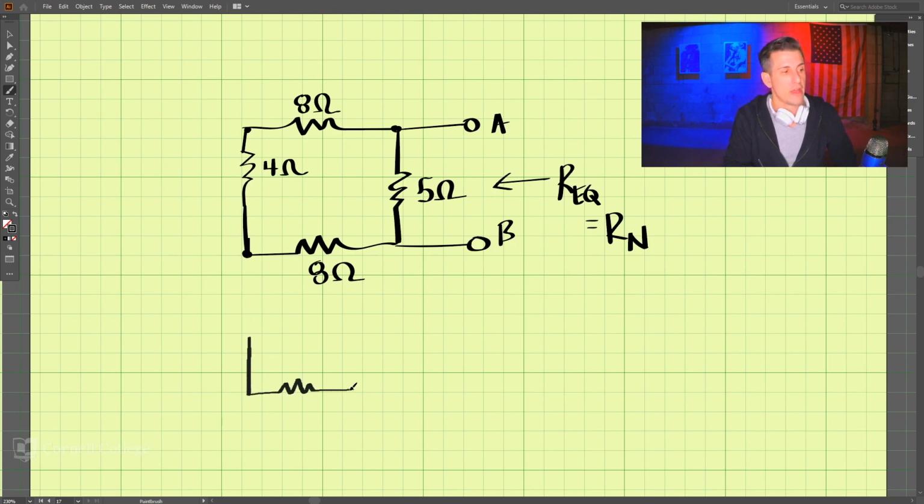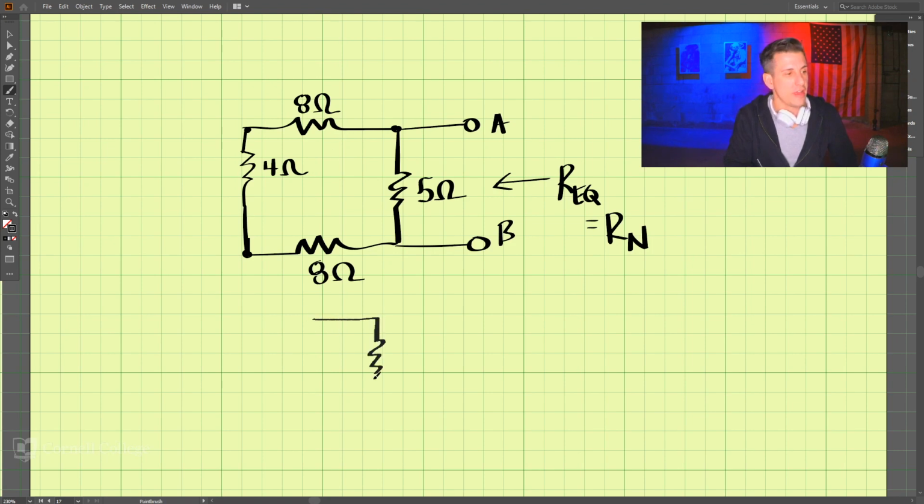Let's redraw that circuit. These are in series, but these are also in series as well. So all of these are in series. I made a mistake there, so let's erase that. Okay, so that's 8 plus 4 plus 8, which is 20.